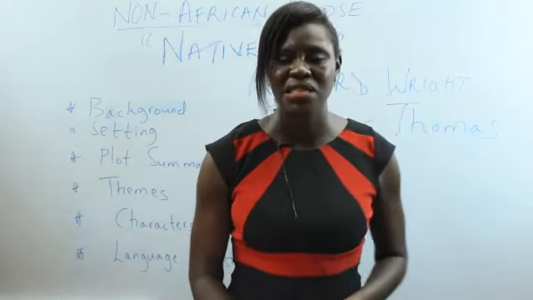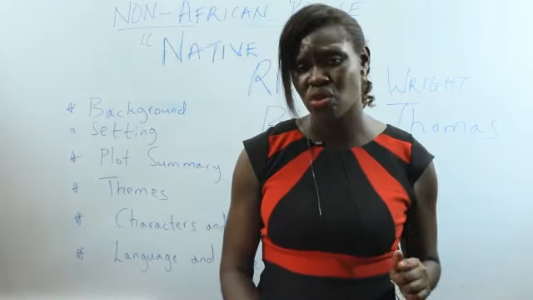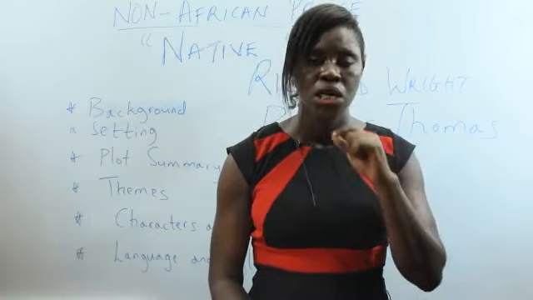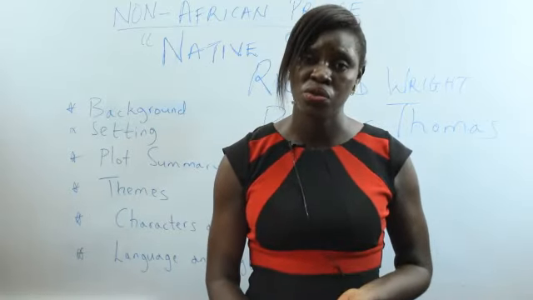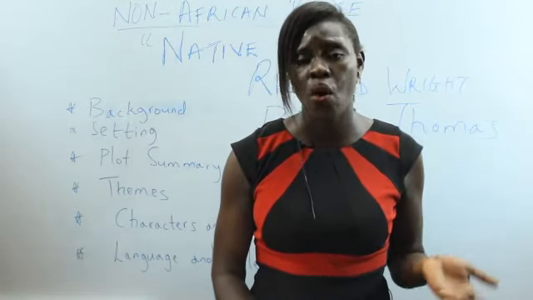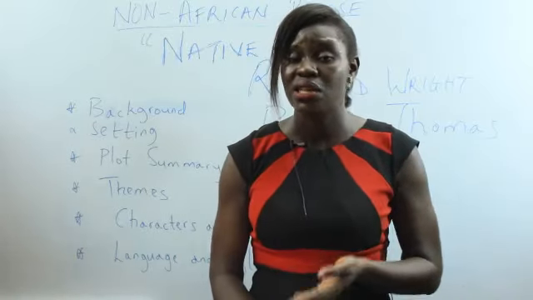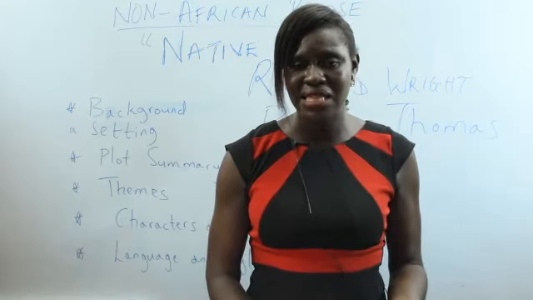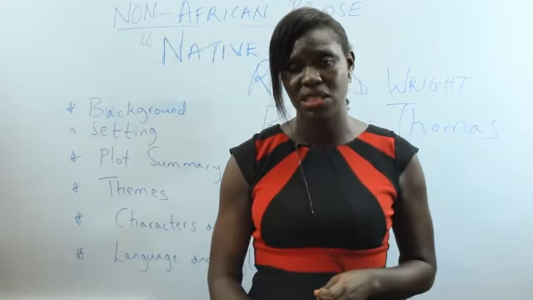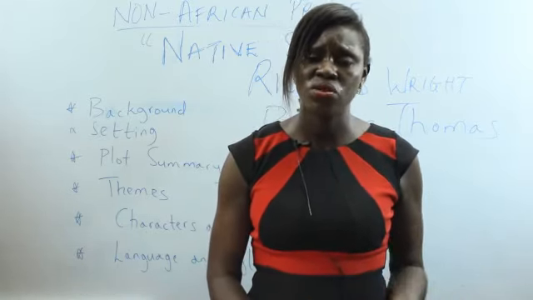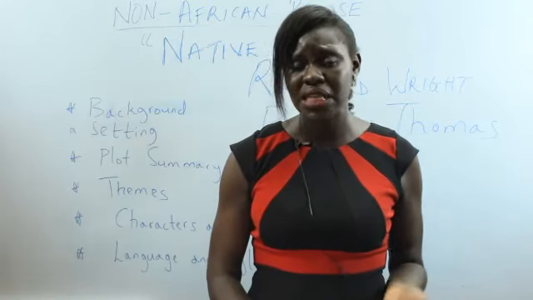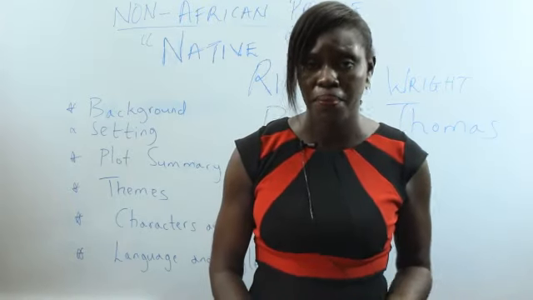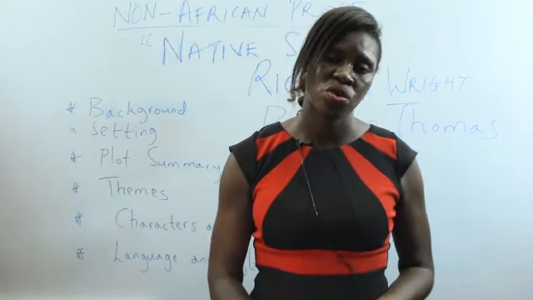Another thing we'll be looking at is fear of oppression. Fear is the most dominant emotion that Bigger feels. Everything that Bigger does in the novel is out of fear. He is afraid of being caught with a white woman. That is why he kills Mary Dalton. When he realizes that he had mistakenly killed Mary Dalton, he decides to cover his tracks. Fear of the police, fear of what people would think of him, fear of the shame of being associated with such crime.